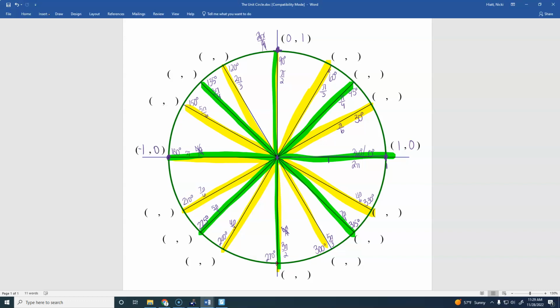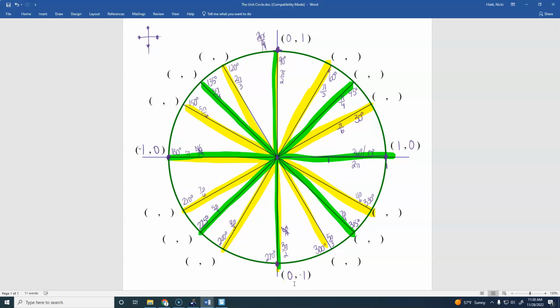And then for 270, 0, -1. So imagine the circle's not even there. You just have these 4 points on the graph. Those are the coordinates of those points. So you have 1, 0 over here, 0, 1 up here, -1, 0 over here, 0, -1 down here. Y'all okay there?